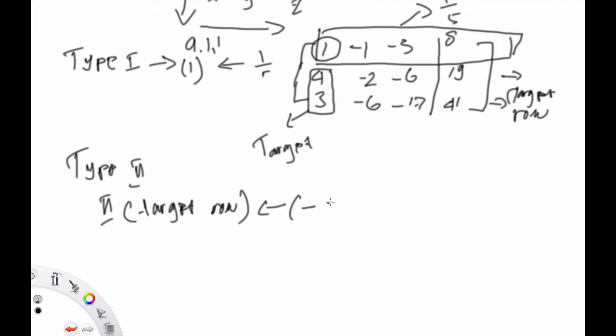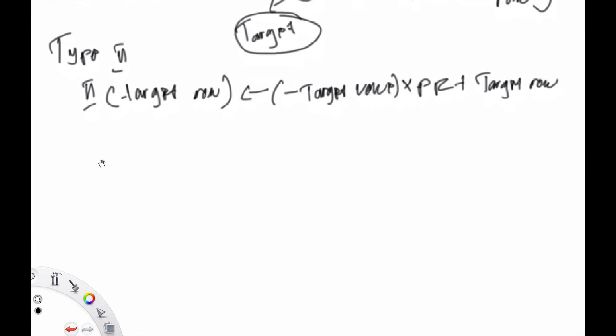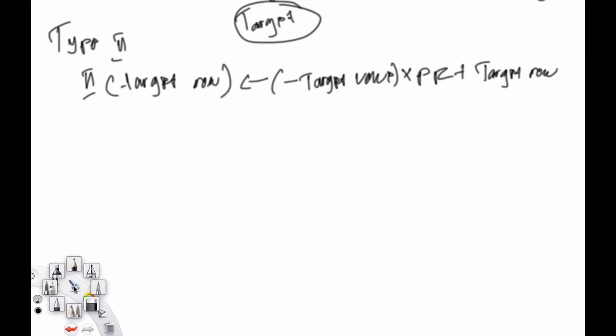We use minus the target value, where the target value refers to this one, multiplied by the pivot row, plus the target row. The target rows are the third one and the second one. By using this, we can take the next operation. Okay, we need more space, so we have to move left.